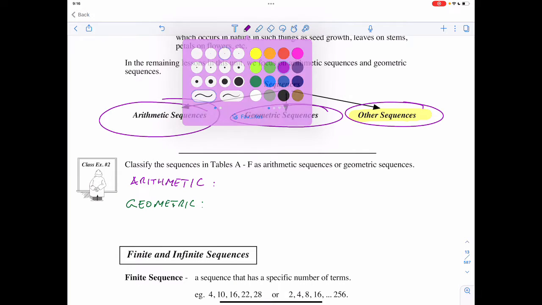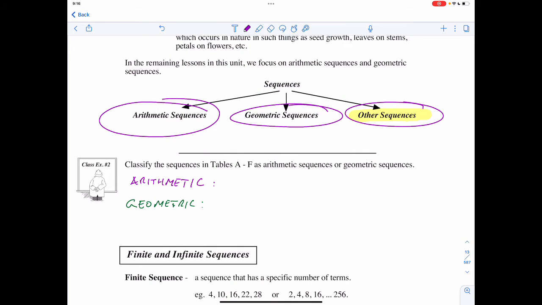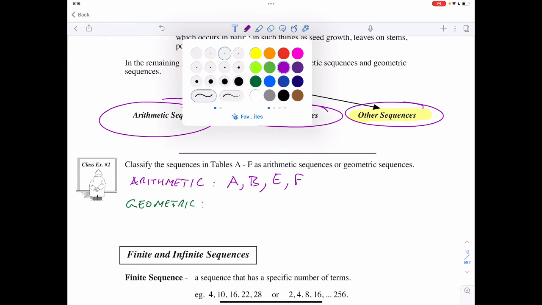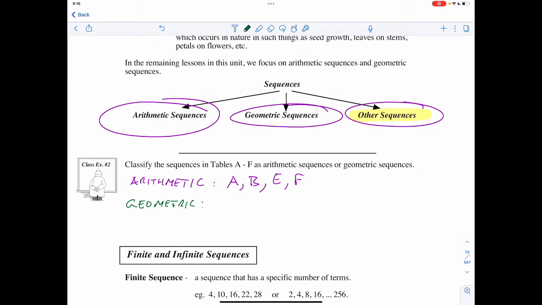The arithmetic ones were all the ones where we added by a set amount, whether it's positive or negative, and that was tables A, B, E, and F. The geometric ones were where we multiplied by a set amount, whether it was a whole number or a fraction, and that was tables C and D.